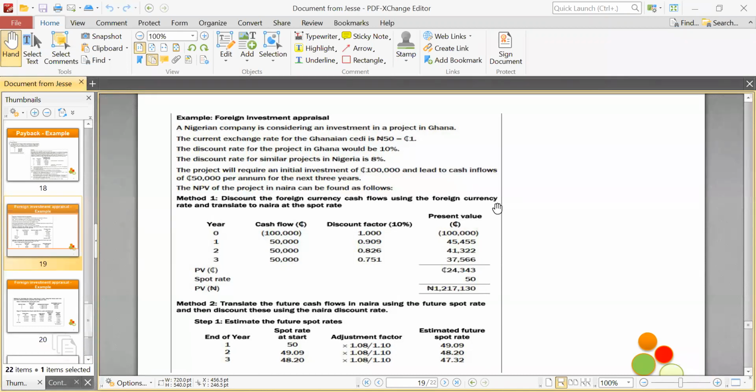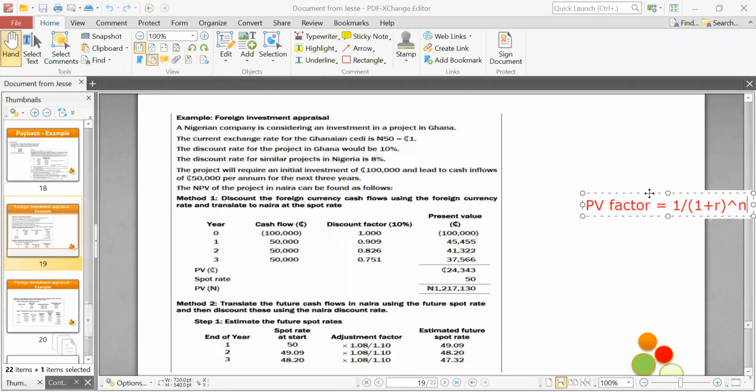Now, what is this present value factor? The present value factor is quite simple. The formula is simply 1 over 1 plus r raised to the power n. So the PV factor is equal to 1 divided by (1 plus r) raised to the power n.